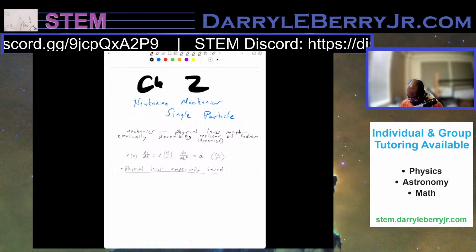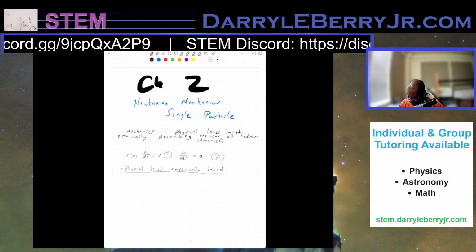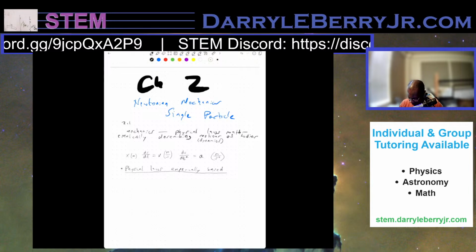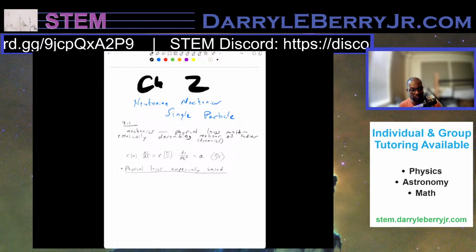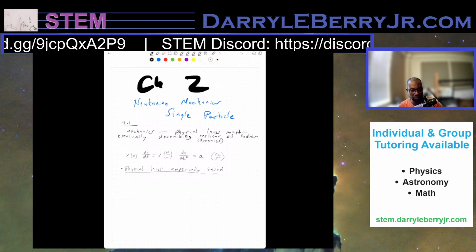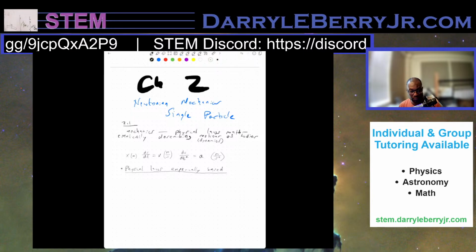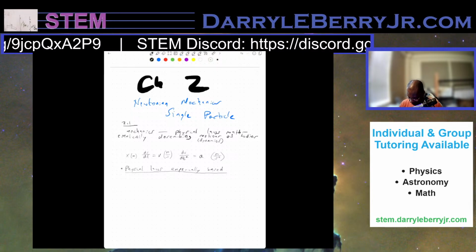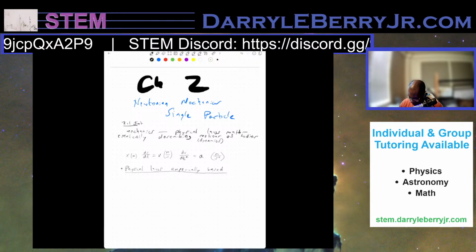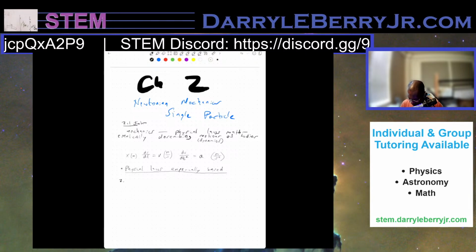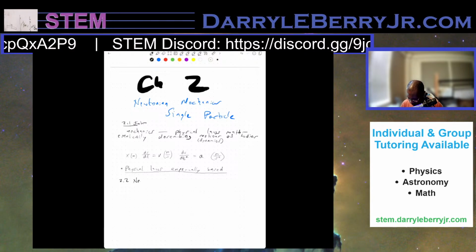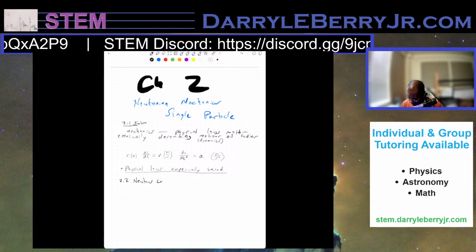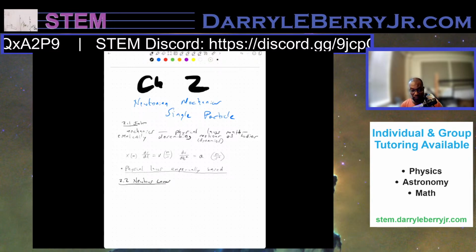Now we're in section 2.2, so that was 2.1, the intro. 2.2, Newton's laws.